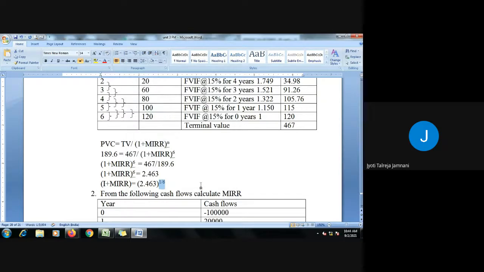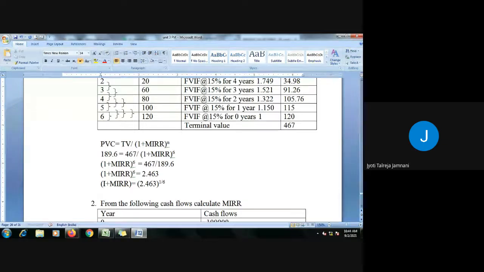Okay, now solving for this, you need a scientific calculator. So 1 plus MIRR is equal to, you have to use the scientific calculator and see 2.463. For raised to, there is a cap sign in the scientific calculator, so you need to use that sign.